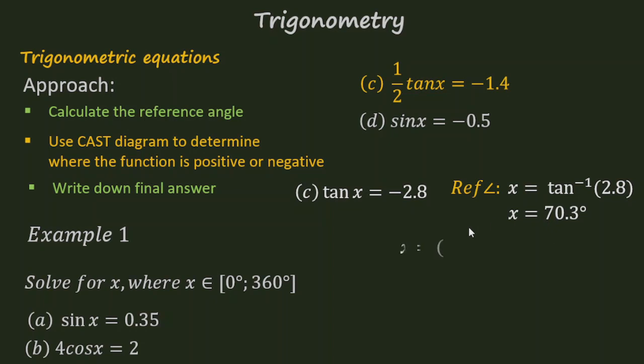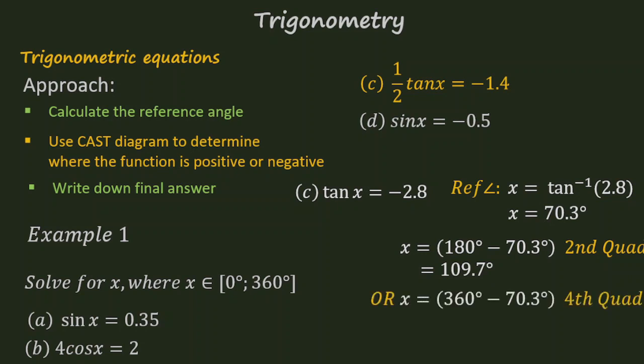Now let us find our first solution. Our first solution is in the second quadrant, 180 minus the reference angle. That is 109.7 degrees. Another solution is in the fourth quadrant, 360 degrees minus the reference angle. That gives us 289.7 degrees.